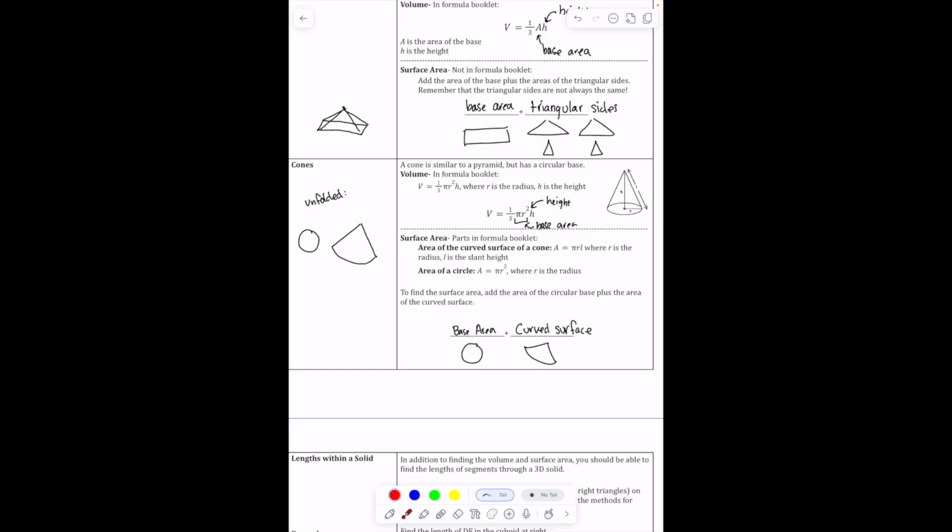And the way that we get that, the area of this part right here is going to be pi r L, where L is the slant height. So L would be that distance right there, because that slant height connects to the radius of the circle of the sector that we're working with. So not the radius down below, but the radius of our curved surface, which is part of a different sized circle.